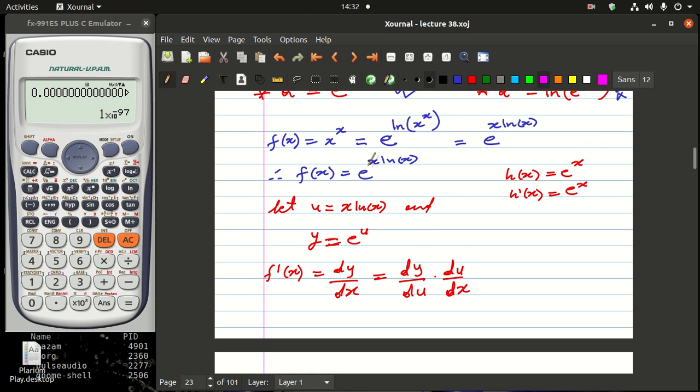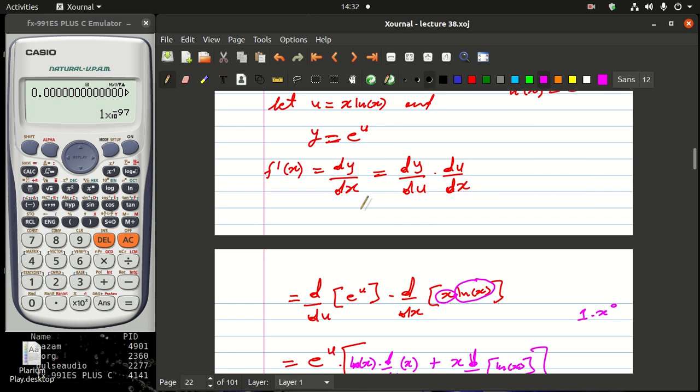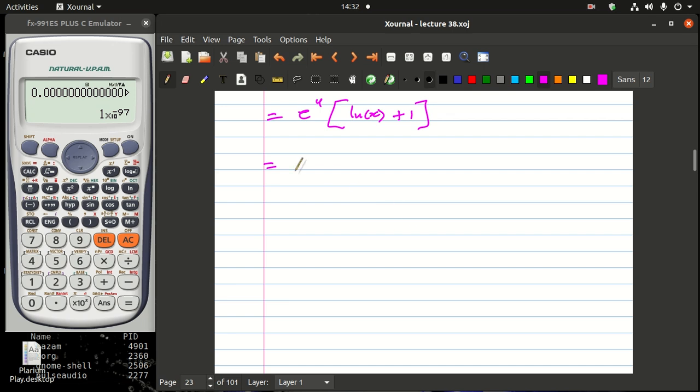Our u was just x ln of x. So here I have e raised to x times ln of x, and then inside I have ln of x plus 1. Whenever I have something in front of a ln, I can bring it inside as an exponent, so I have e raised to ln of x raised to x, and then multiplied by ln of x plus 1.